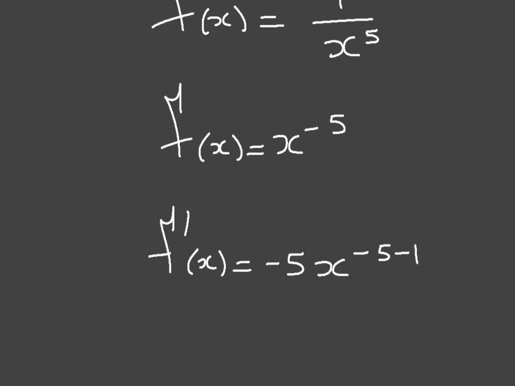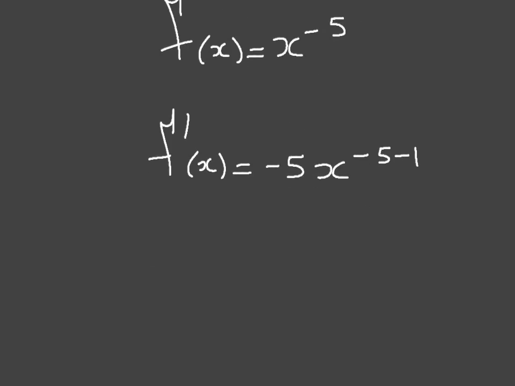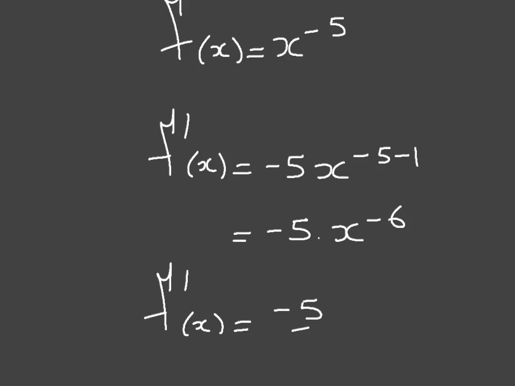And since negative 5 minus 1 is equal to negative 6, this leads us to negative 5 times x to the power of negative 6. And finally, if we want to write this as a fraction, we could write f dash of x is equal to negative 5 over x to the power of 6. And there you have it. We've just learned how to differentiate negative powers of x using the power rule.